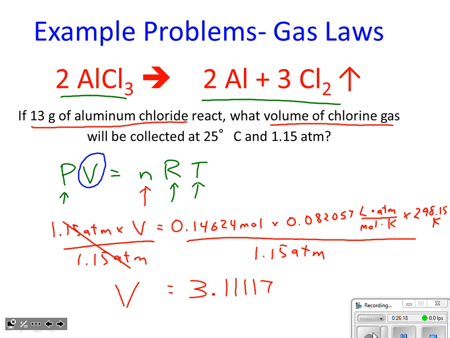Is that what you got when you divide it out? Now, I need to go back. I need labels, and I need to do sig figs. How many sig figs should I have here?